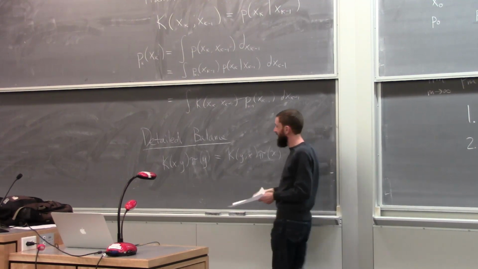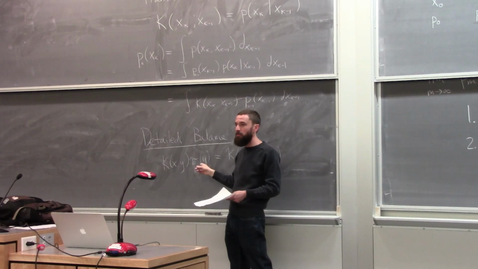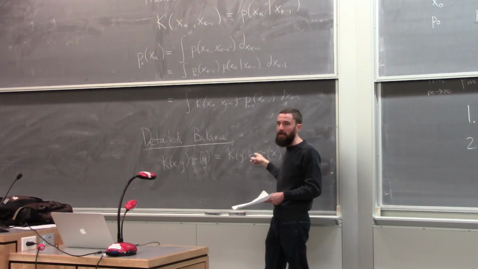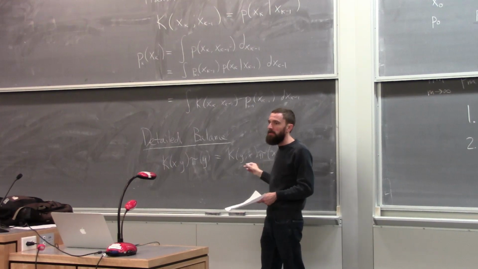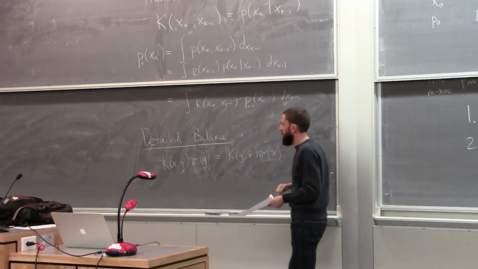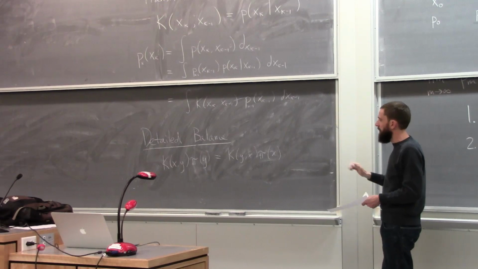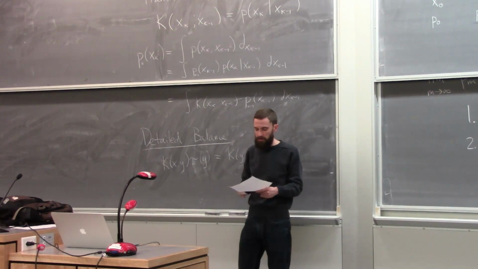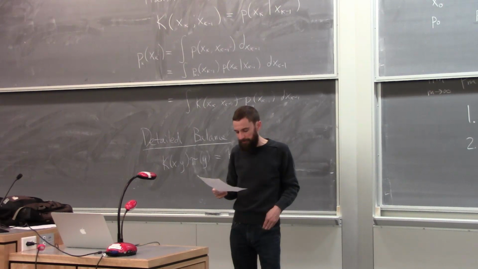And again, this is just the conditional x given y times p of y has to equal the conditional p of y given x times p of x. And that's just showing that no matter which way I do this, I get the same joint. Okay.